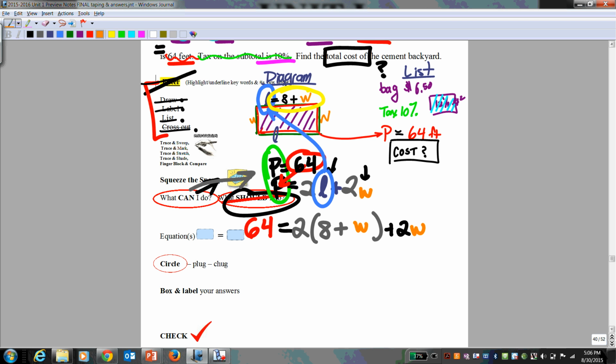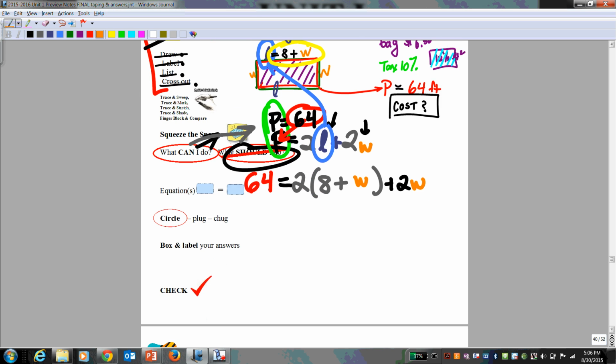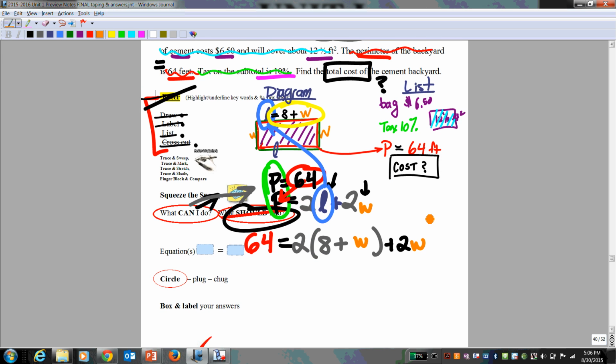Guess what? We're down to 1 variable now. Why don't we go ahead and actually solve for that variable? So we're going to distribute. Just keep solving here.